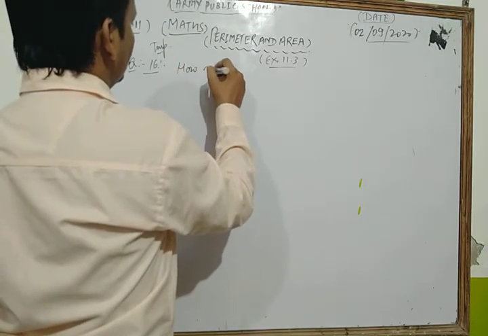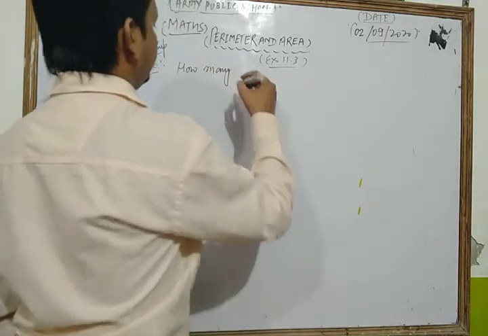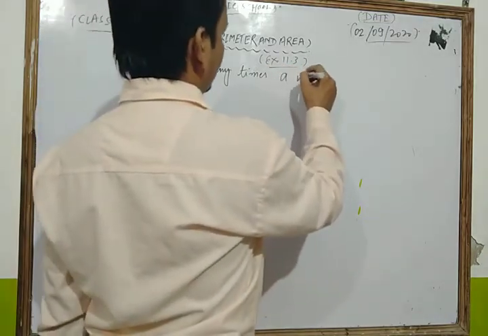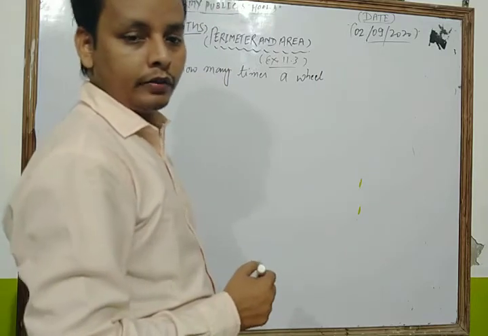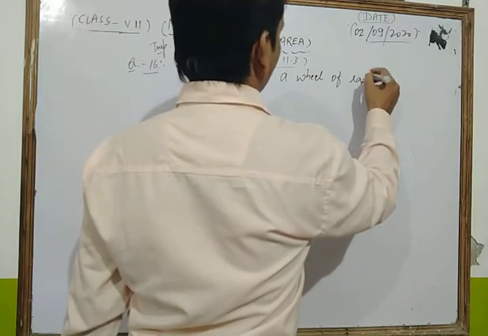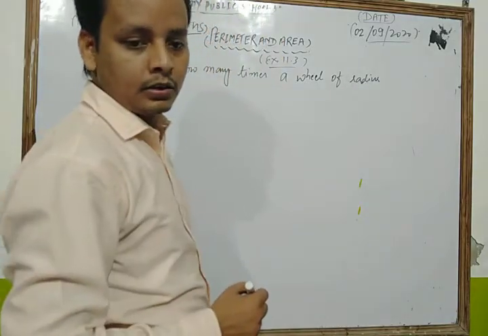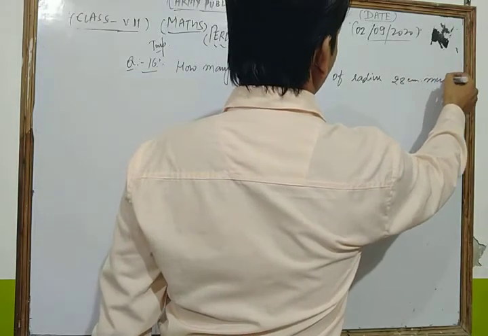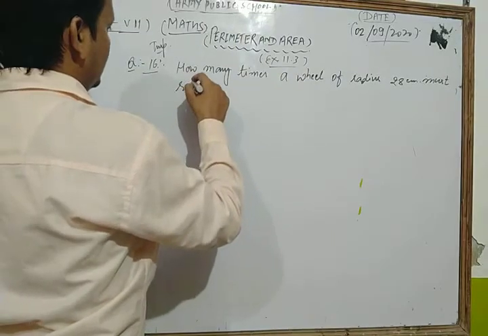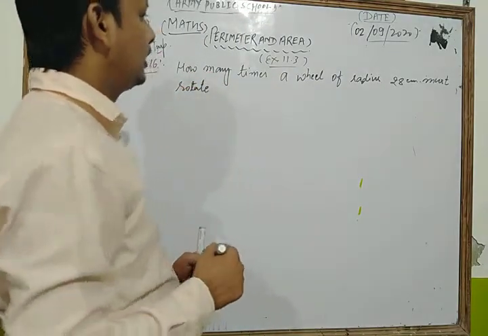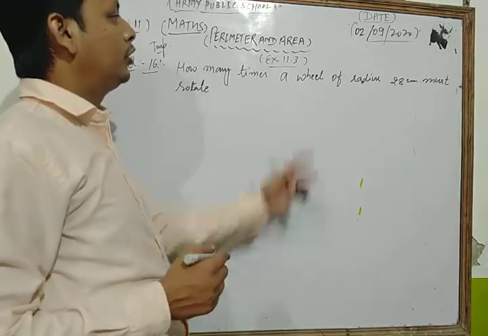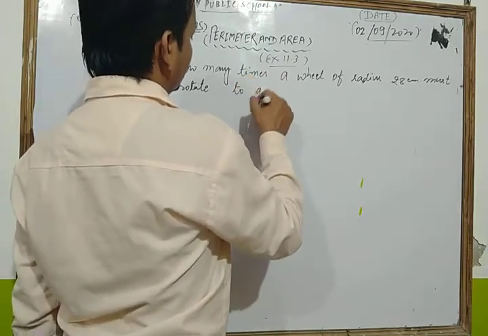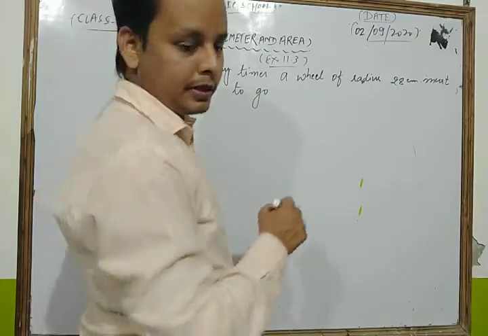The question is: how many times must a wheel of radius 28 centimeter rotate to go 352 meter?